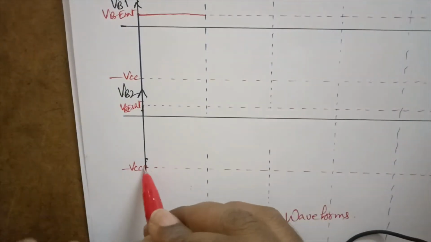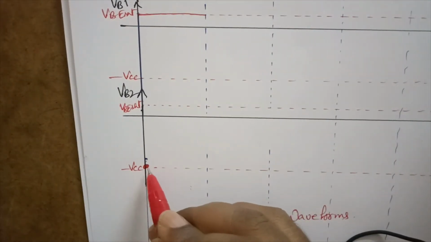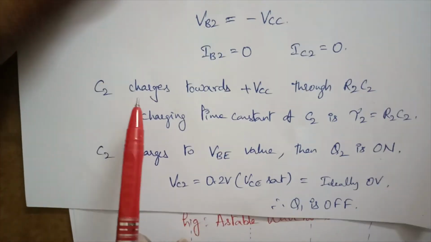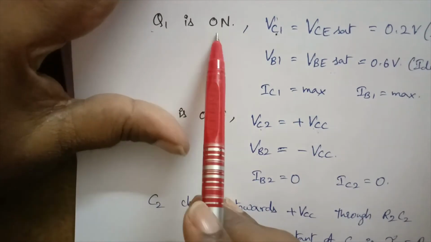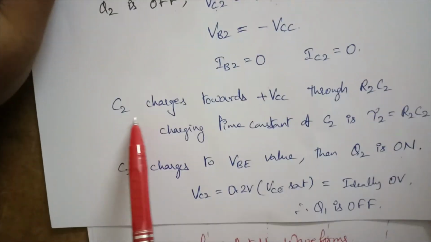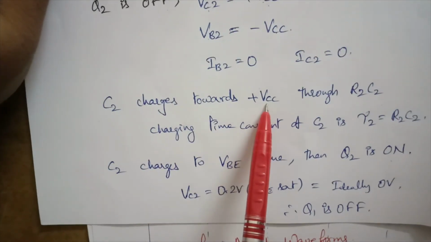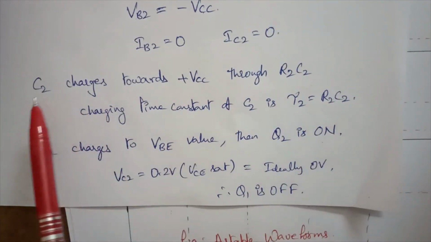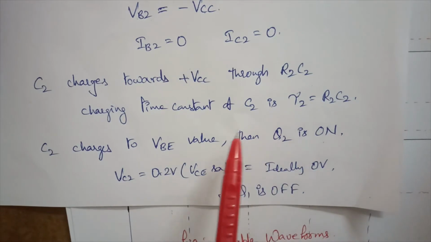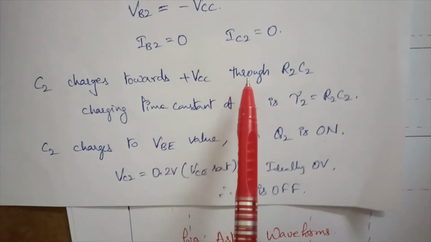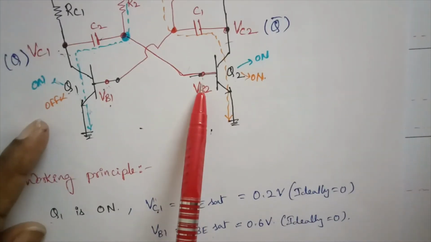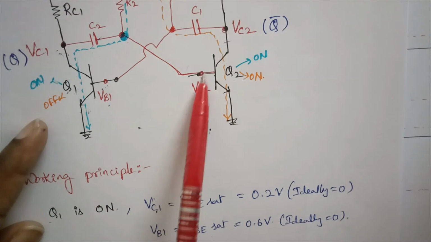VB2 is equal to minus VCC, but not minus VCC itself. Here, when Q1 is on and Q2 is off, what happens? C2 charges towards VCC through time constant R2 C2. We already know that the capacitor charges exponentially, so the voltage at VB2 also changes exponentially.